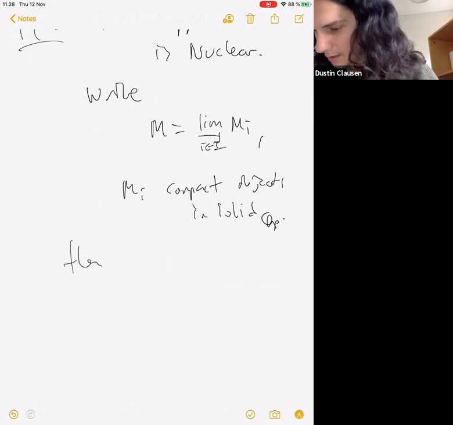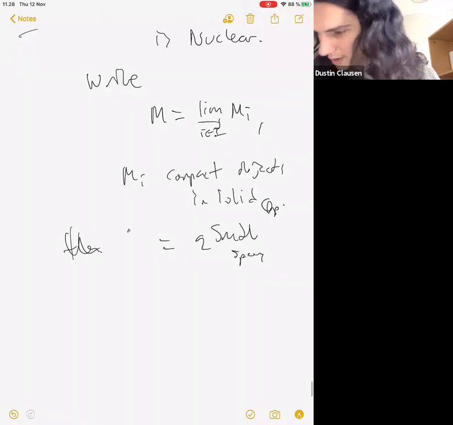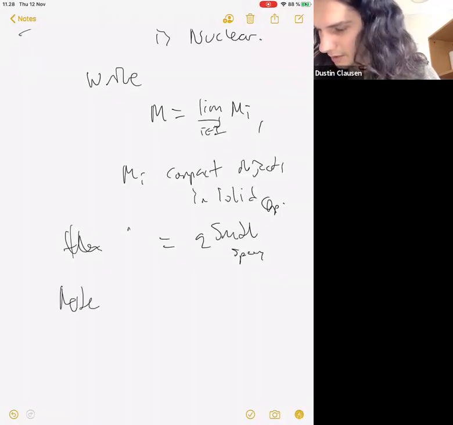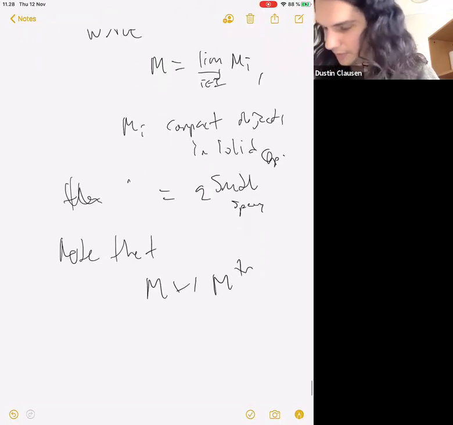So note that these are quotients of Smith spaces. So note that M maps to M trace, which commutes with colimits.